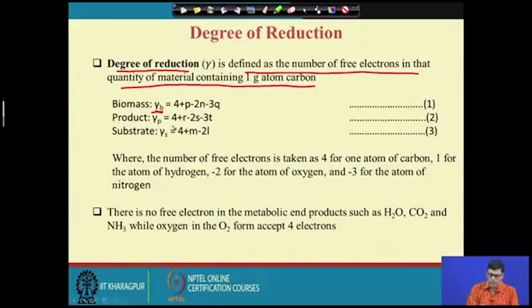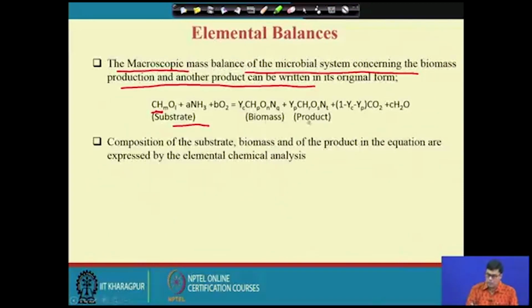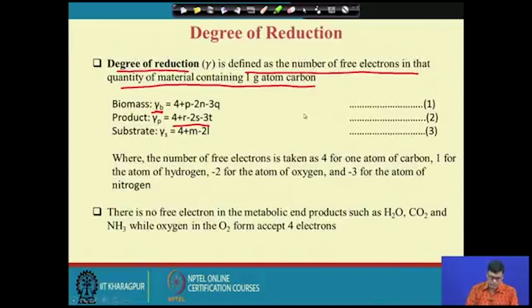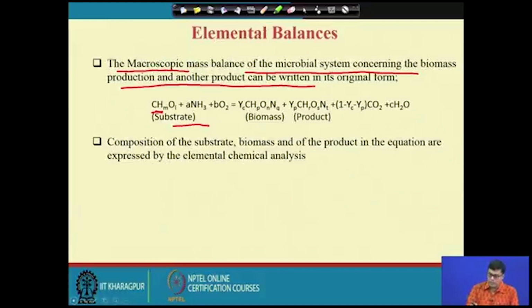Similarly, we can write the balance in the case of product. The product also has its formula, and this is 4 plus R minus 2S minus 2T.